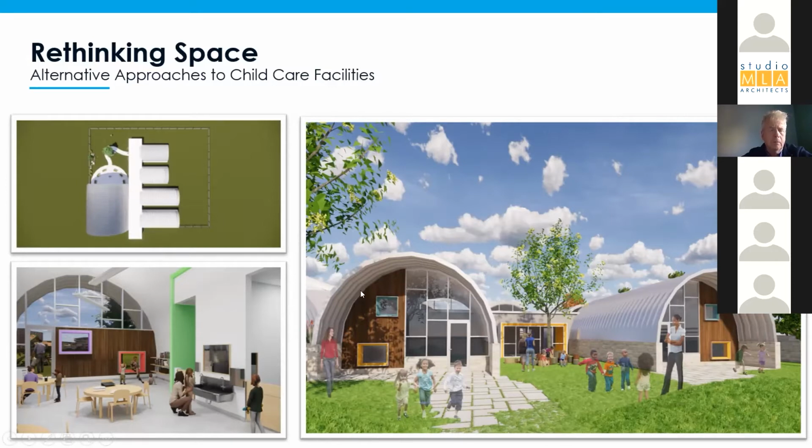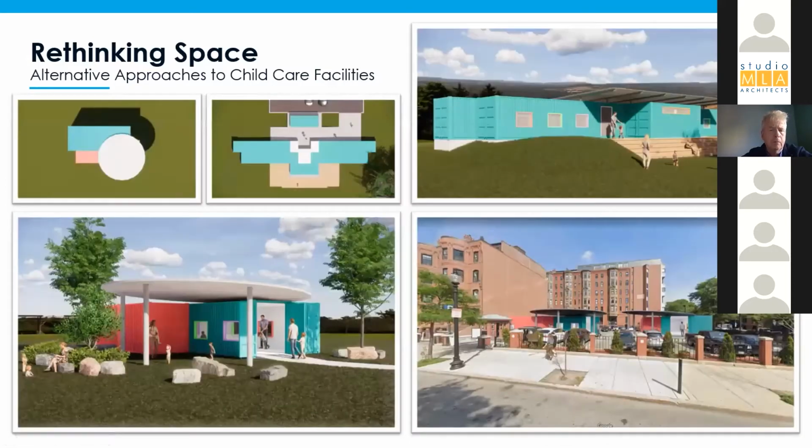So for the next portion, we looked at a similar idea using shipping containers. These prefabricated structures can make high quality childcare accessible to virtually anyone, anywhere. Whether they're provided in smaller classroom clusters, as you can see in the top left, or combined into a smaller center here in this option, neighborhoods that are deprived of access to quality education spaces can now have that opportunity for their children.